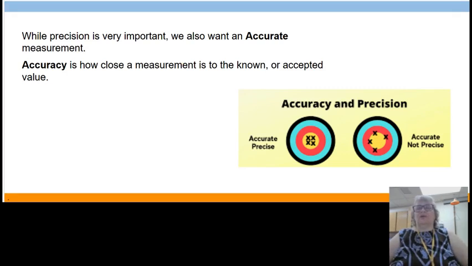If you buy a piece of wood from the hardware store and it says that it is, we'll use inches, 5 inches long, it's possible that they cut it wrong, and so it's only 4.8 plus or minus 0.1. But that's pretty close to it, right? So how close are you to what the actual measurement should be?